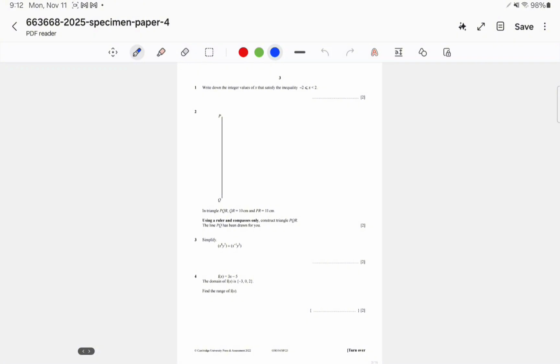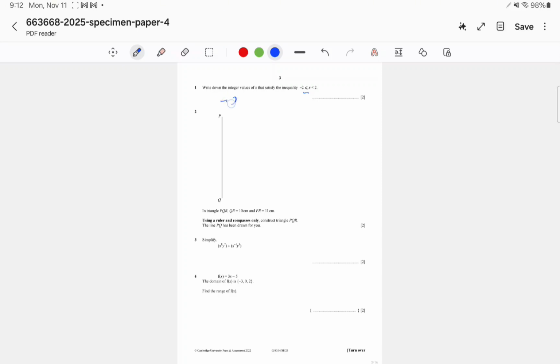So starting first question. Write down the integer value of x that satisfies the inequality -2 less than or equal to x less than 2. Okay, so if the less than or equal to symbol is there, we have to include the number there.